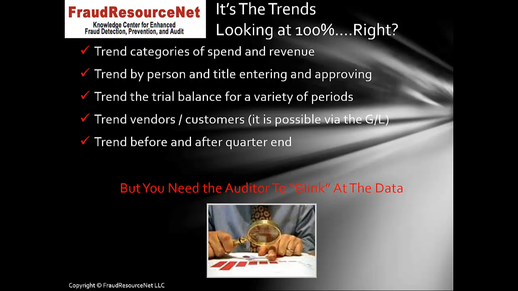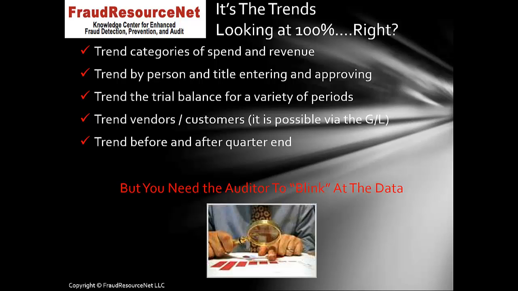Okay, so in looking at data and thinking about what we are really trying to do here with each of the data sets, be it accounts payable or travel and entertainment or general ledger, a lot of it tends to be just looking at trends and trying to see where there's a trend by person, by title, maybe the account numbers they're posting to, and by time.